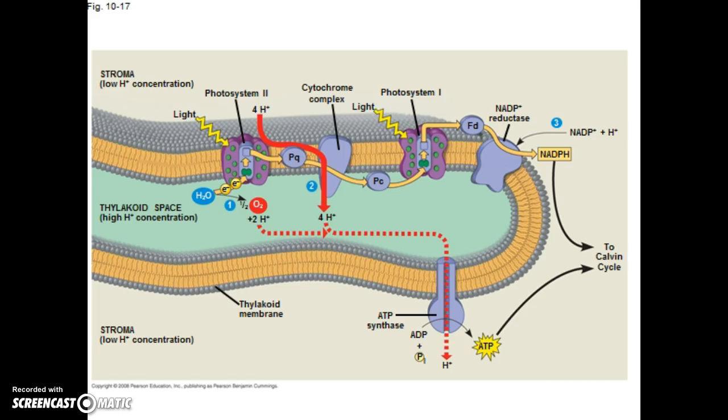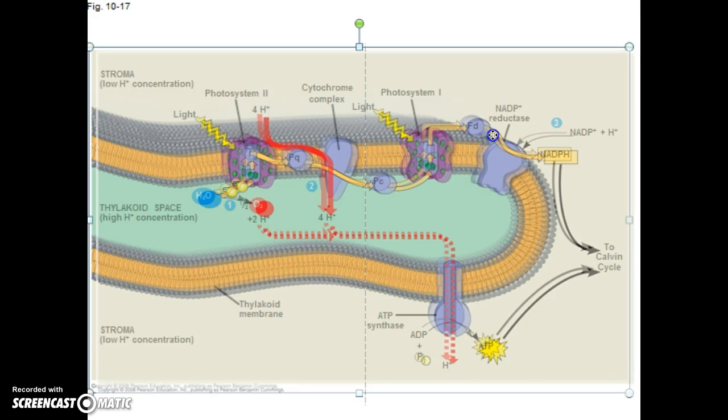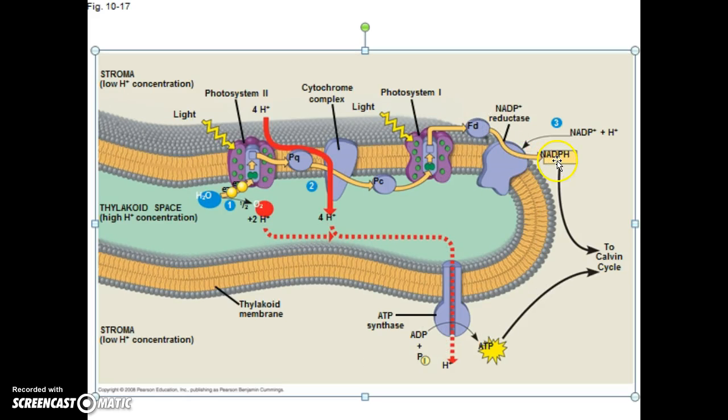Looking at a little bit larger image of this, once again expanding on it, trying to put it all together. Light goes into photosystem 2, exciting P680, and an electron goes up. We have a reduction along the electron transport chain driving hydrogen ions down, over to photosystem 1, exciting P700 with a little bit of light, exciting another electron, which goes to ferredoxin and out to NADP plus, forming NADPH.